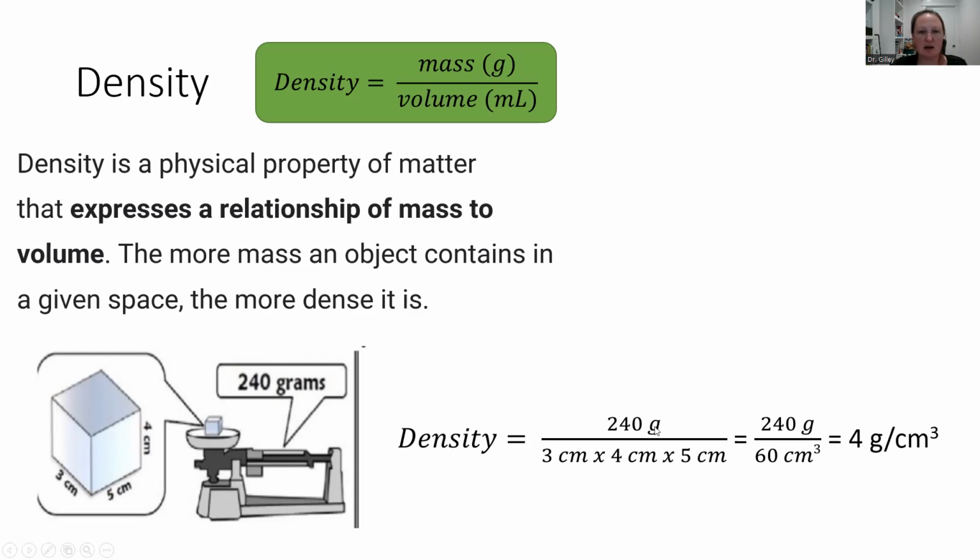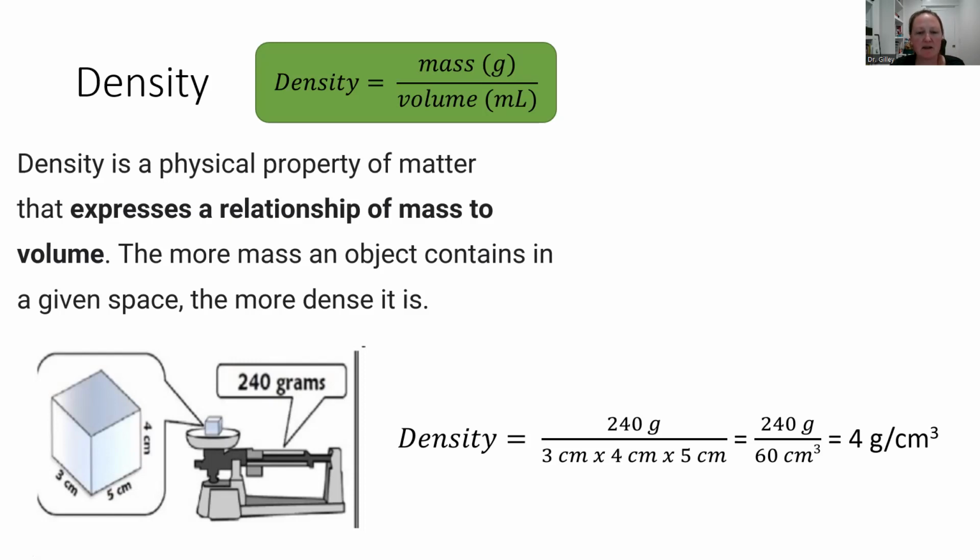And then you can also measure the volume directly with a ruler, or indirectly through volume displacement of, for example, water. In this case, the dimensions of the cube are known, right?